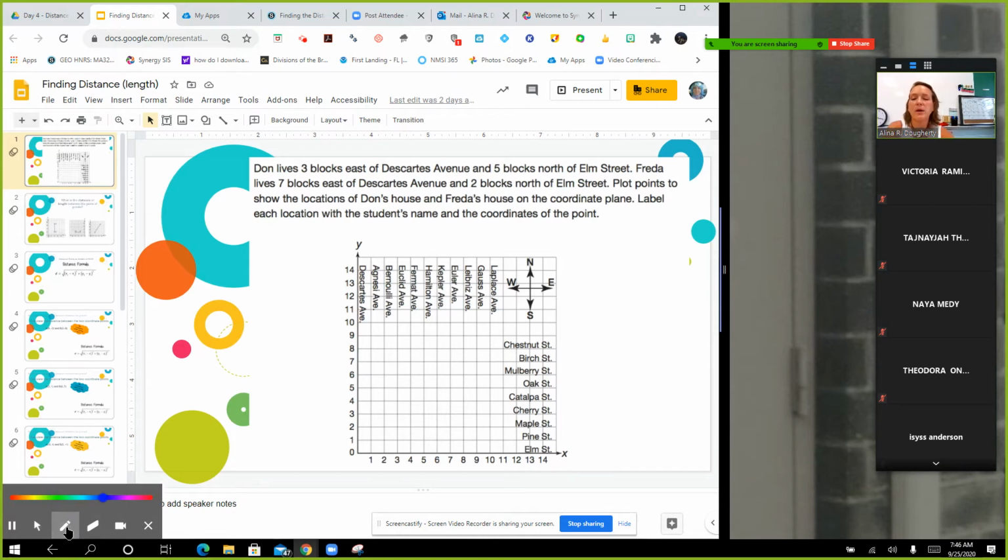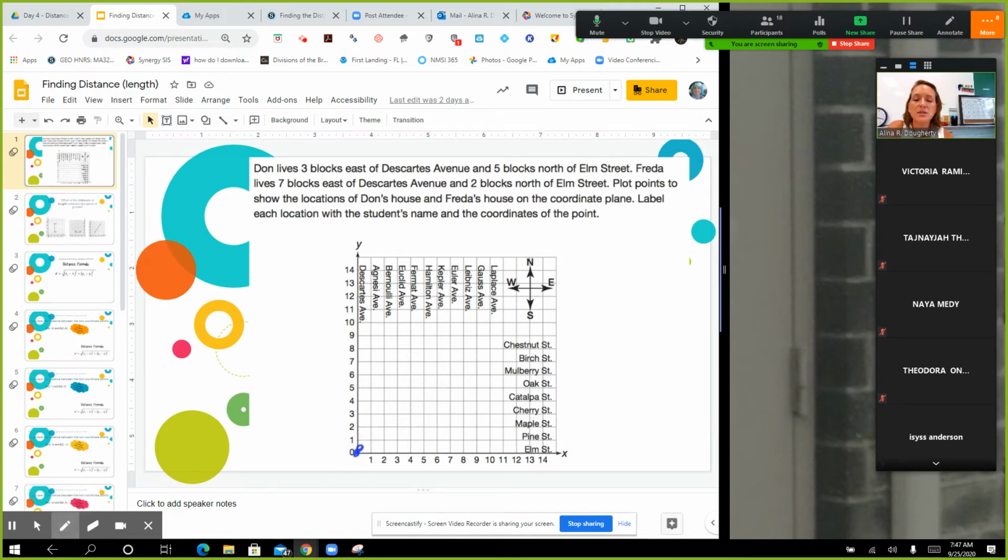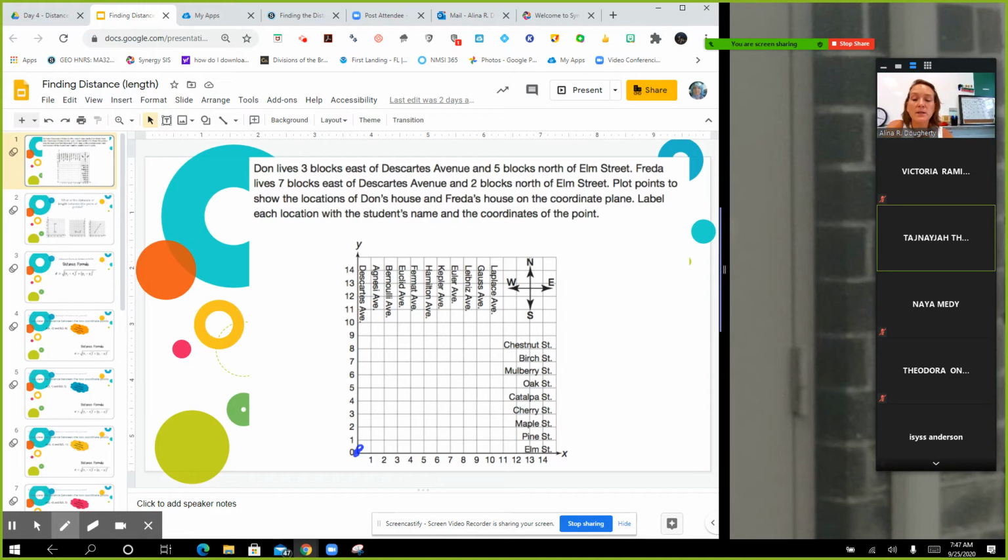If I start at 0 and I go east, which direction do I go? Right. So I'm going to go right 3: 1, 2, 3. And then if I go north 5 blocks, is that left, right, up, or down? Up. So I'm going to go 1, 2, 3, 4, 5. Okay, so that's Don.